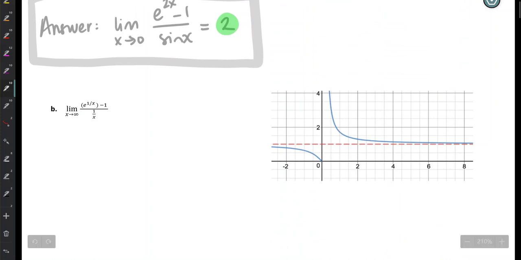So here the question is, as x gets big and positive, as x approaches positive infinity, what does this function, y equals e to the 1 over x minus 1 all over 1 over x, where does it go? Question.